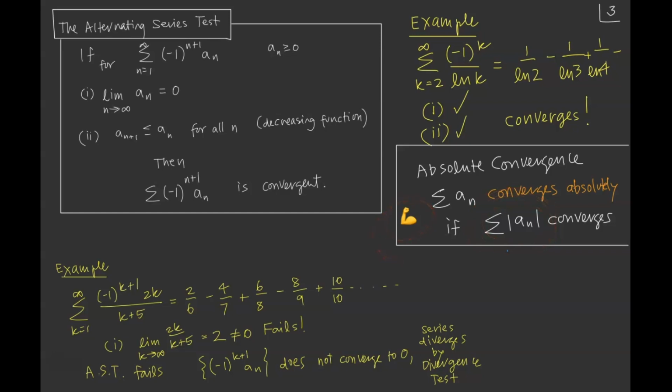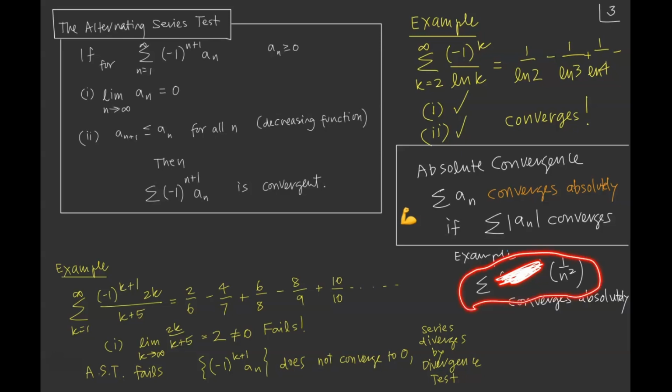An example of this would be the alternating series (-1)^(n+1) over n squared. This converges absolutely, because if you ignore the alternating plus minus and just take the absolute value of each term, then does this series here converge?